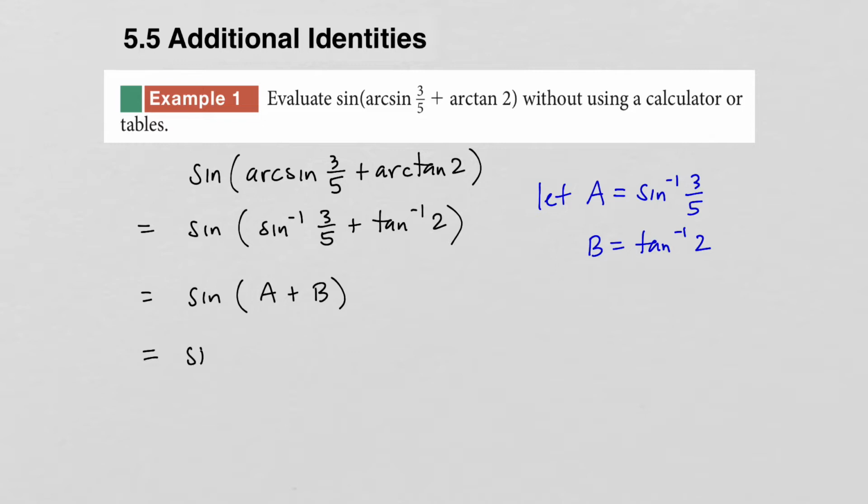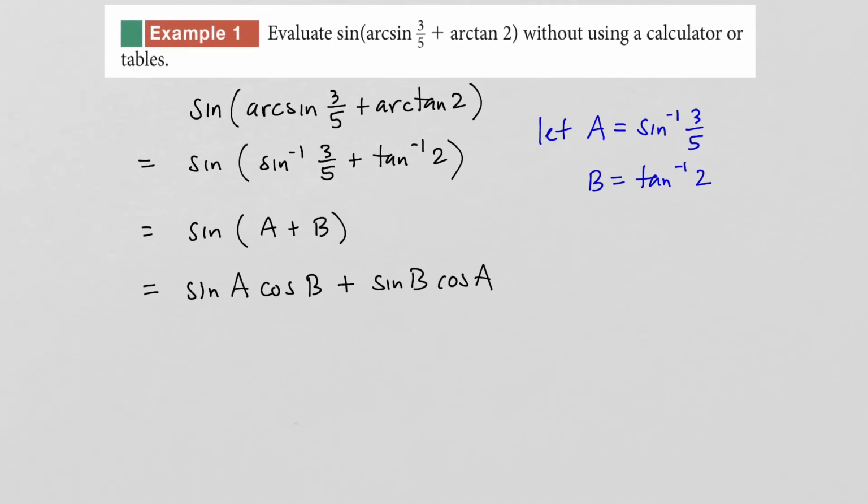We can write this as sine of A cosine of B plus the sine of B cosine of A. And now to get the answer, all we need to do is figure out these four trigonometric values. So how do we do that?